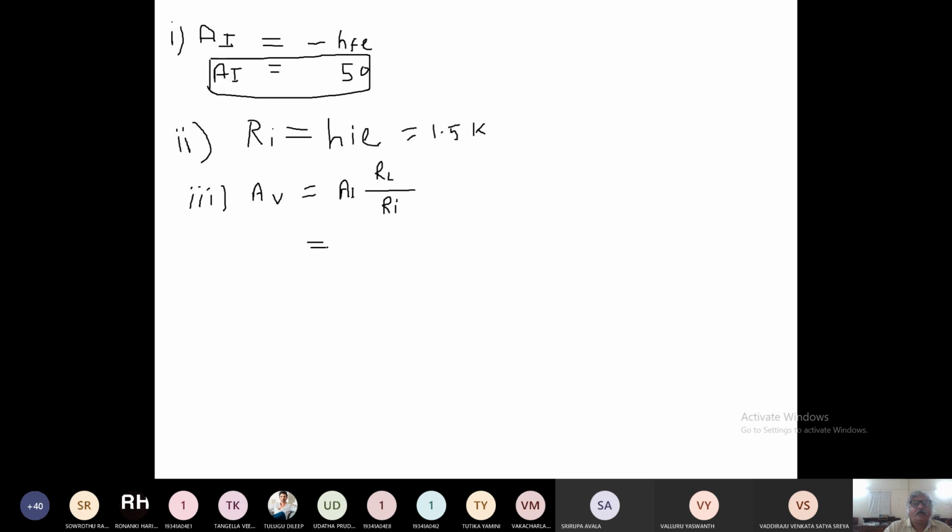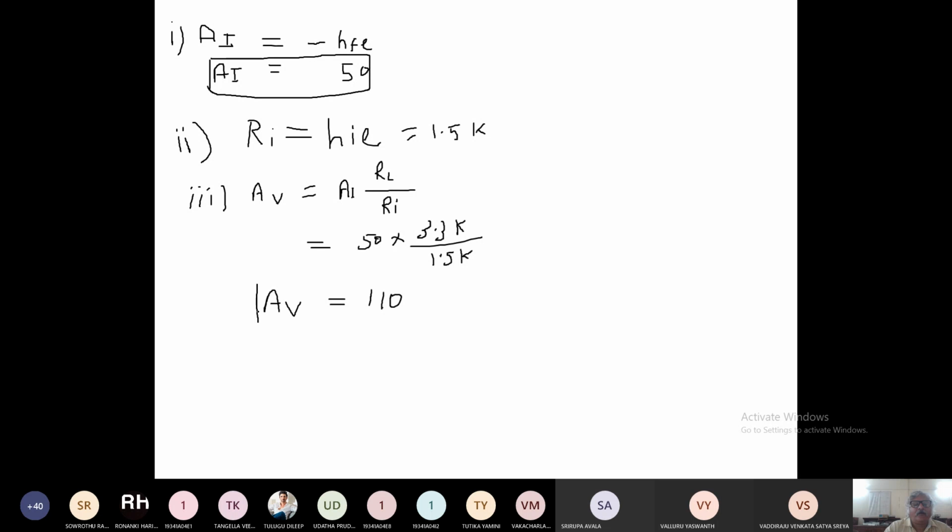So if we solve this, it is 50 into RL, which we have already calculated as 3.3K, divided by RI, which is 1.5K. So we will get 110. So this is your AB.